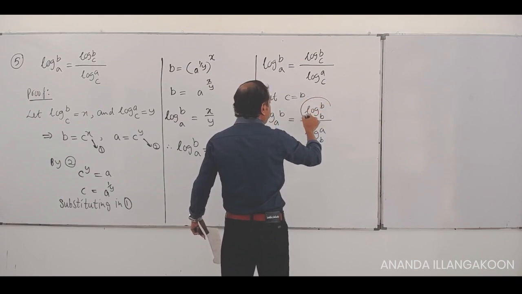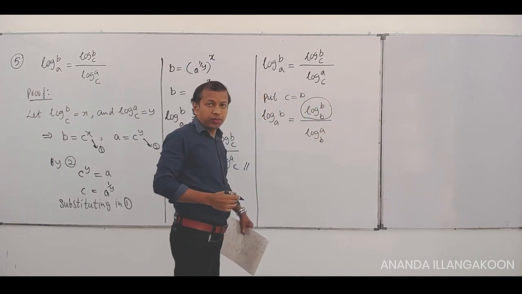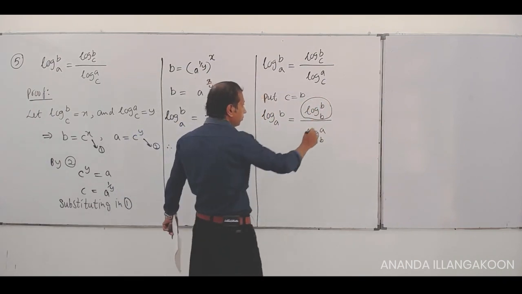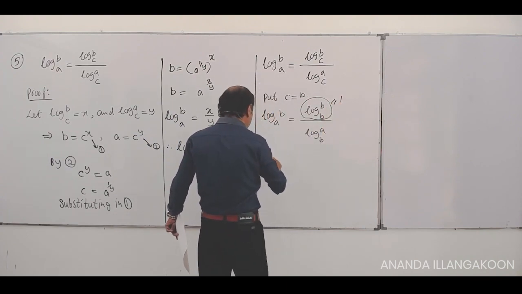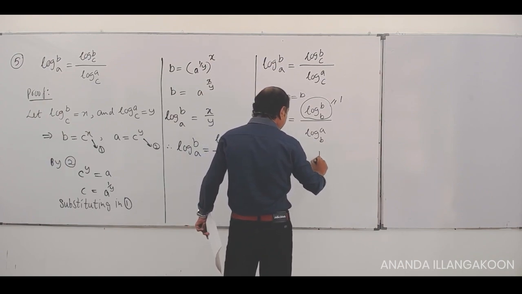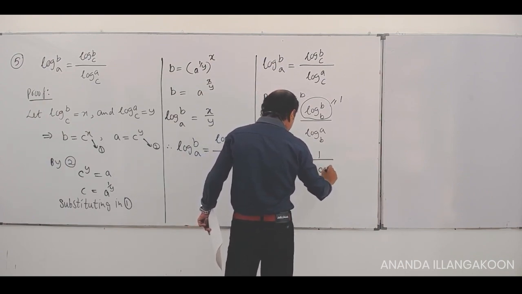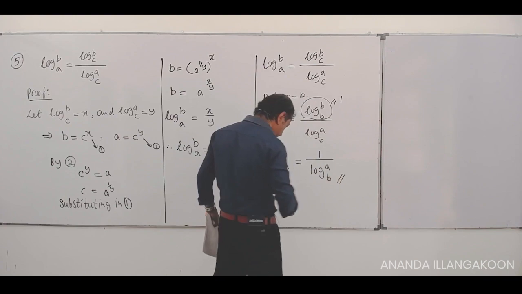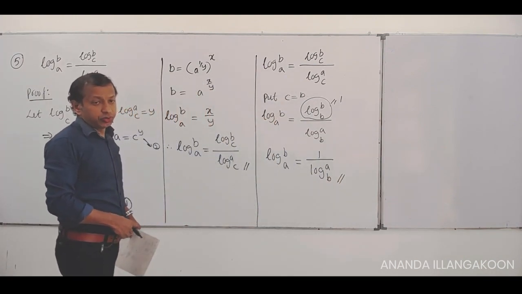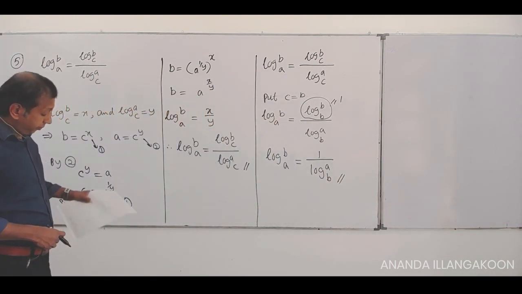But what is this? Log b to the base b is 1. We get log b to the base a equals 1 over log a to the base b like this. Right? This way we get that.